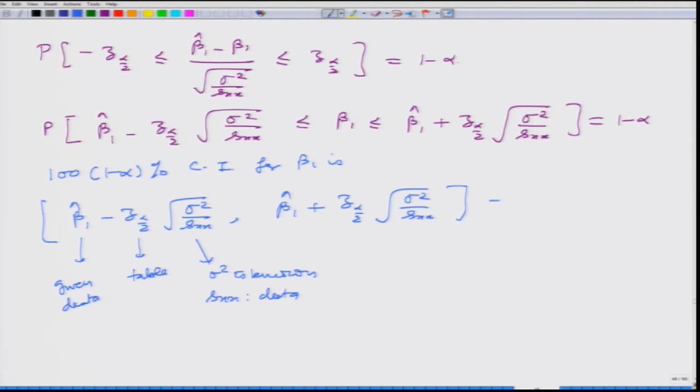Right. So, this is equivalent to saying we have obtained the Lx and Ux, which are functions of the sample values x1, x2, ..., xn, and this interval can be obtained on the basis of the given sample of data. So, this is our 100(1 minus alpha) percent confidence interval.